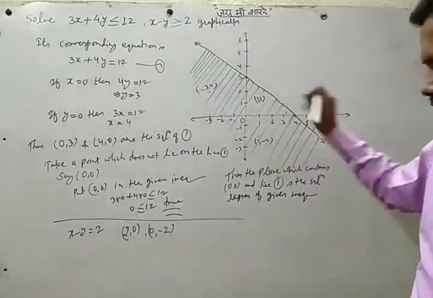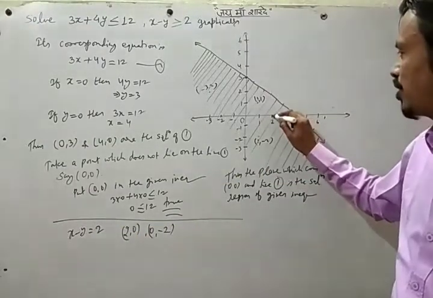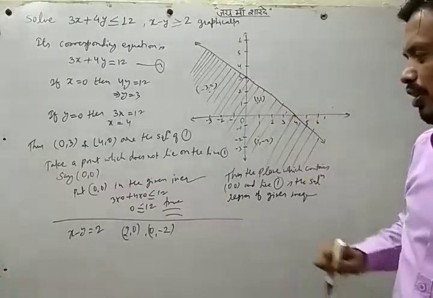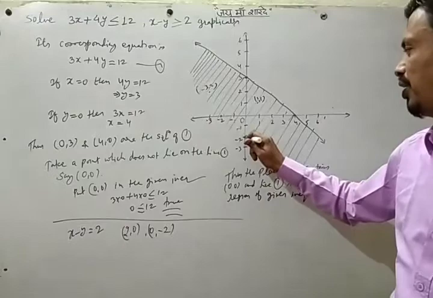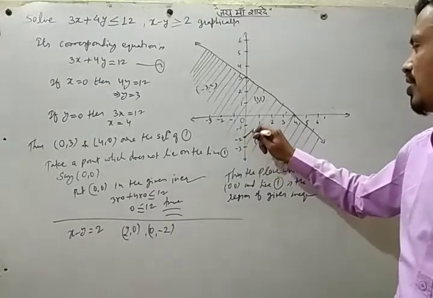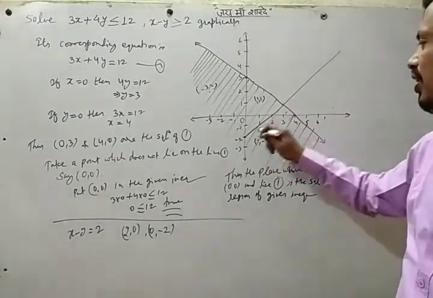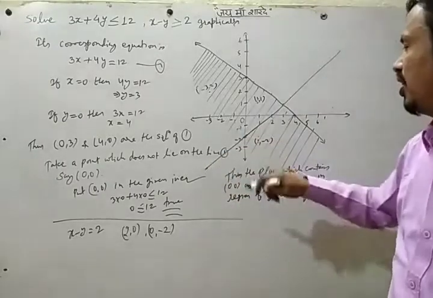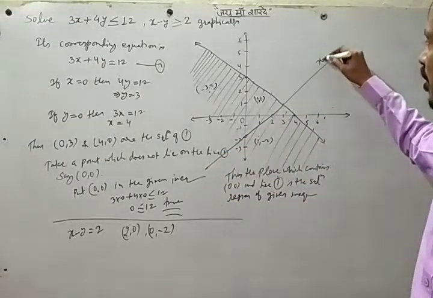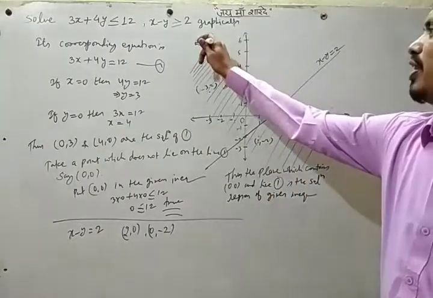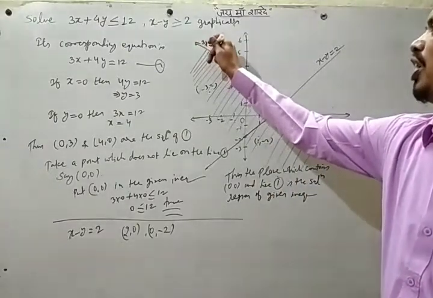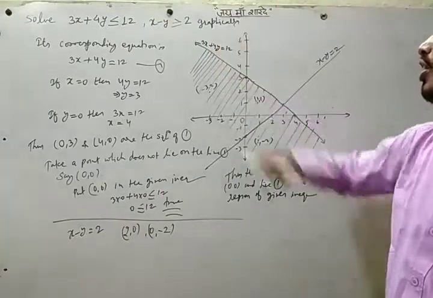So we plot these points and join them. So this is the graph for x minus y equal to 2, and it is our graph for 3x plus 4y equal to 12.